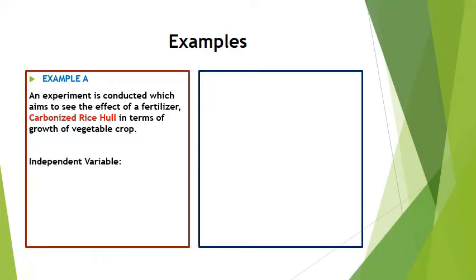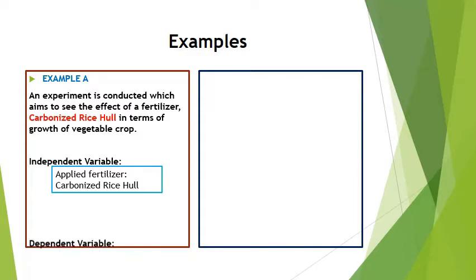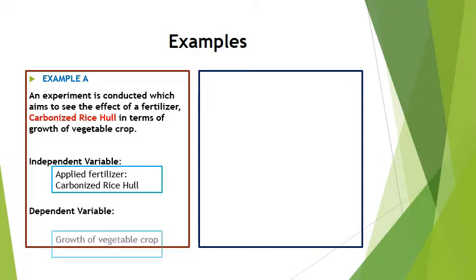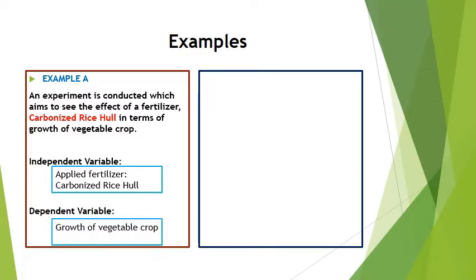The independent in the study is the applied fertilizer, because you will be the one controlling how much fertilizer you will apply on the vegetable crop, which is the dependent variable, the growth of the vegetable crop. The growth of the vegetable crop will depend on the amount of applied fertilizer.